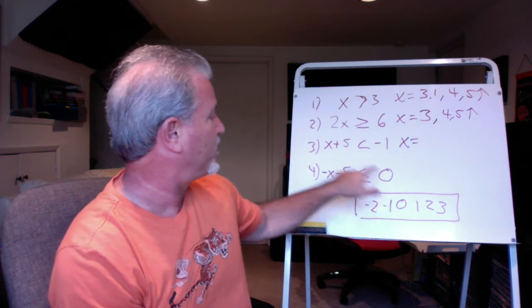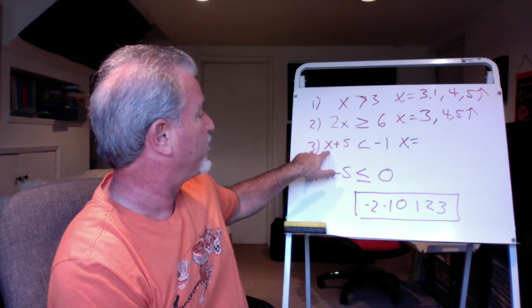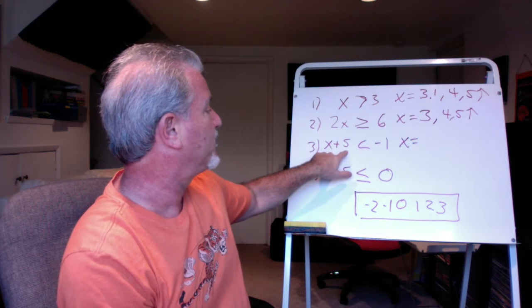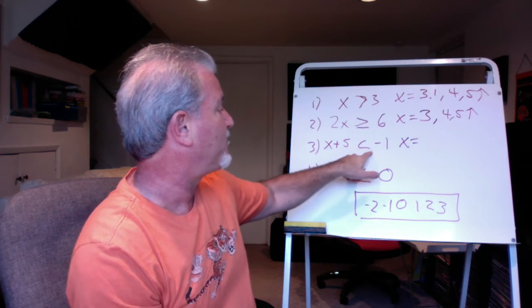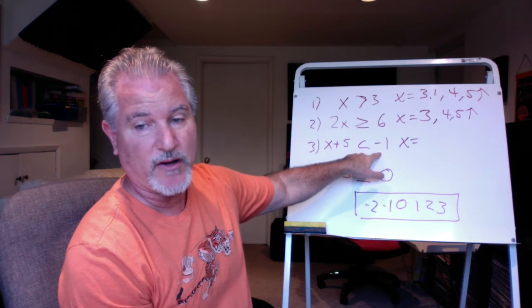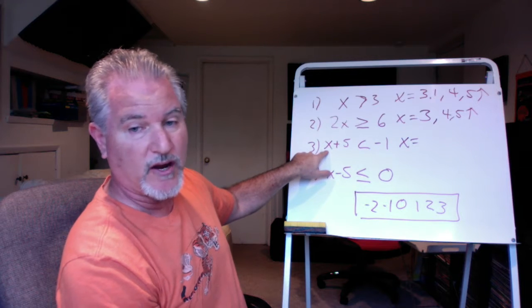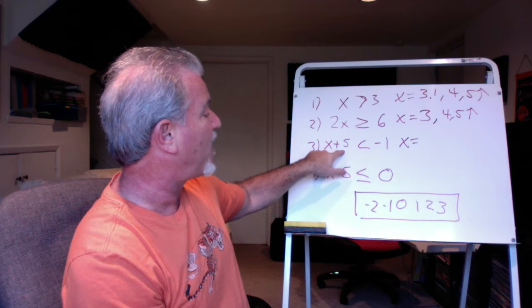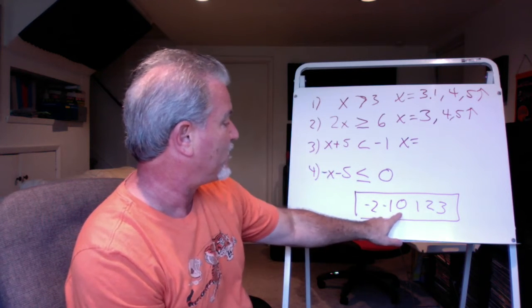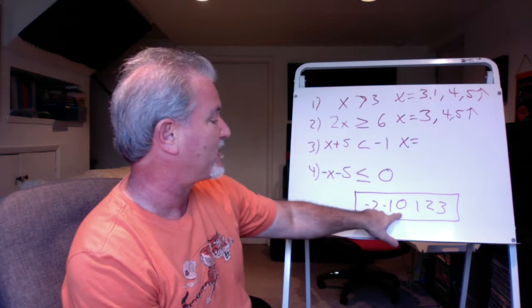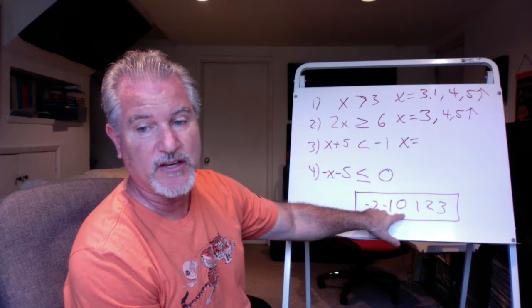So -1, so if I put 0 plus 5, that would be 5. That is not less than -1, right? 5 is over here. If I put -5 over here, right? -5 plus 5 would give me a 0. 0, as we can see, is not less than -1. 0 is bigger than -1.